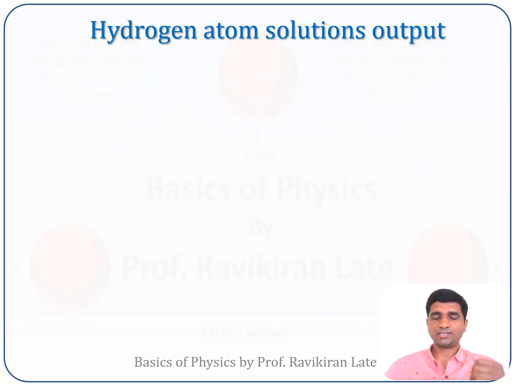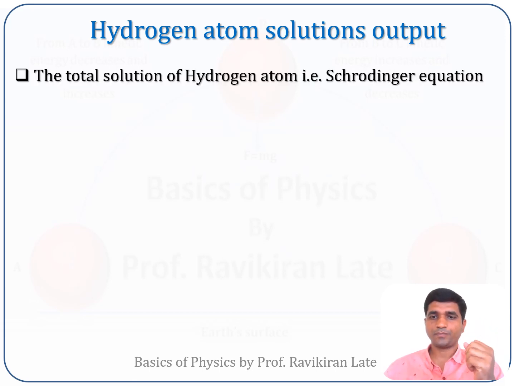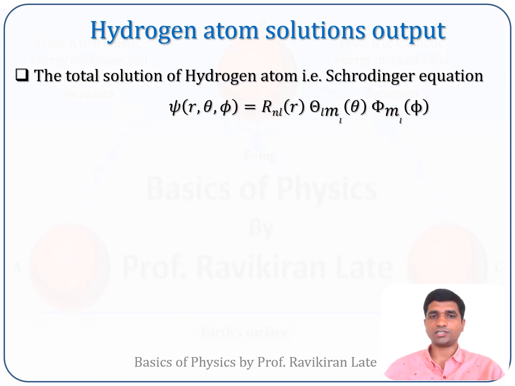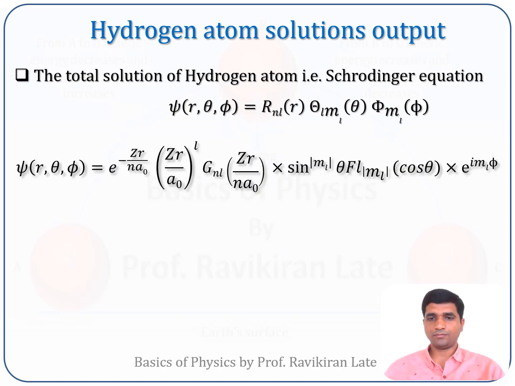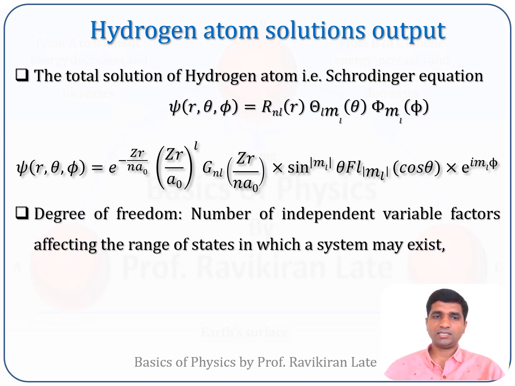Now, we had seen that the hydrogen atom consists of three solutions in terms of R, theta, and phi. These three solutions lead to three restrictions. All of us know that in any physical problem, it is the degree of freedom which matters a lot while solving any physical equation. What is degree of freedom?